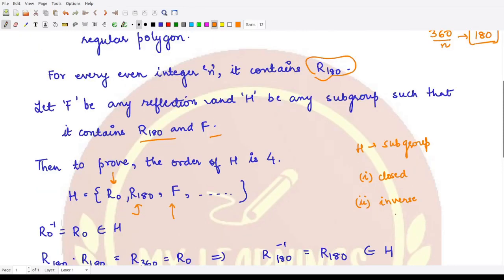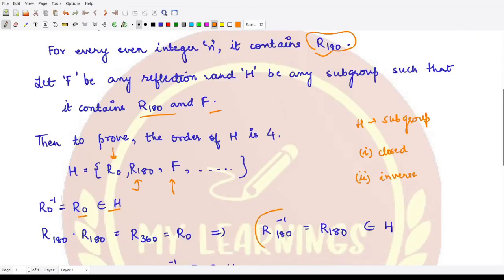So we first check the inverse of R0, that is R0, which is already present in H. The inverse of R180 is also R180, which is also present in H. Why? Because when you compose R180 with itself, you obtain R0. So R0 inverse is R0, and R180 inverse is R180.